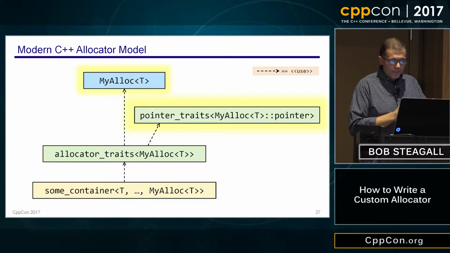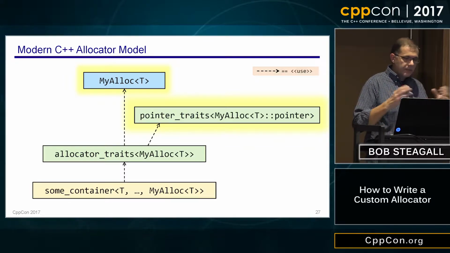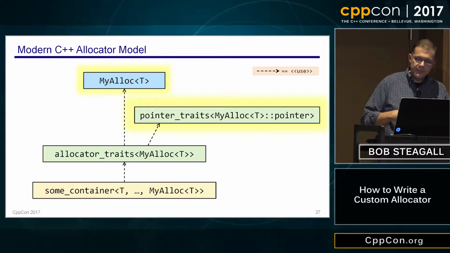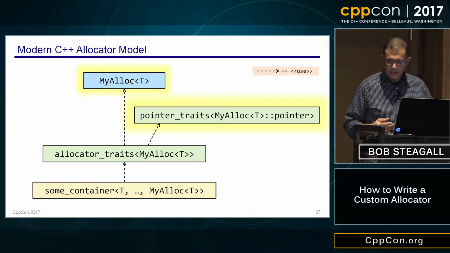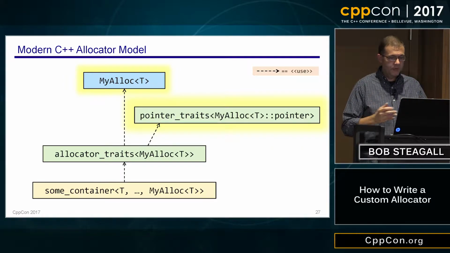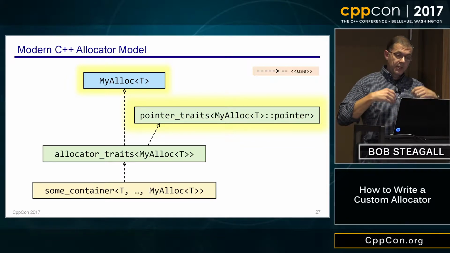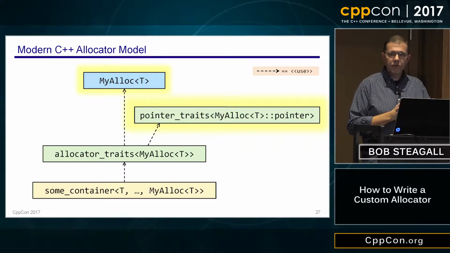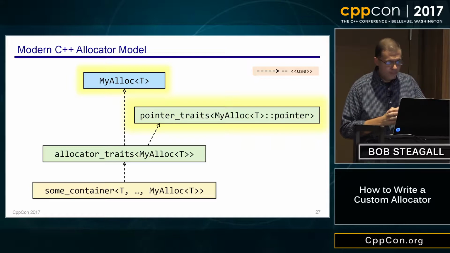So the allocator, this is the piece that you write. This is the thing that provides, at a minimum, allocation and deallocation services. There's a very small number of things that a minimal allocator has to provide in order to work with a standard container. There is a larger number of things that you can override to customize its behavior.